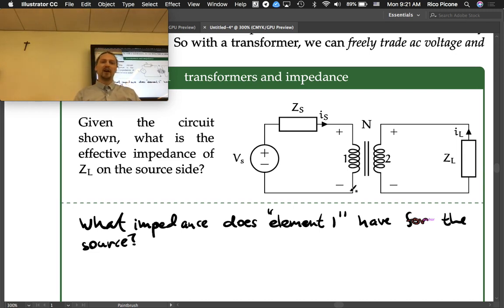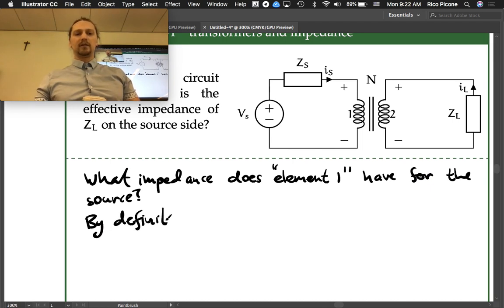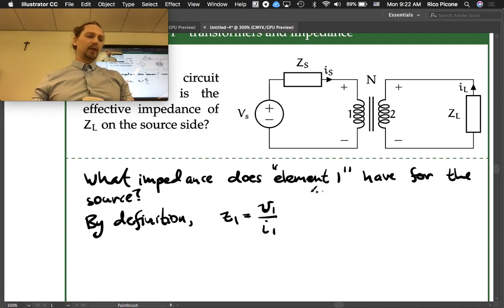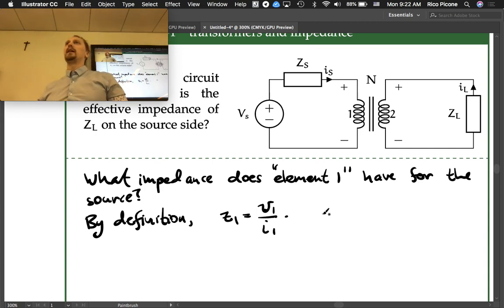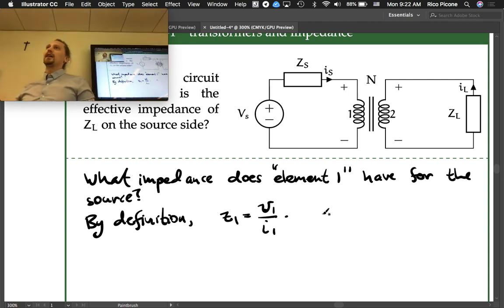So we might just start with writing what Z1 is. By definition, we know that Z1 is equal to V1 over I1, right? That's the definition of the impedance. So on the one side of the transformer, it has a voltage and it has a current.